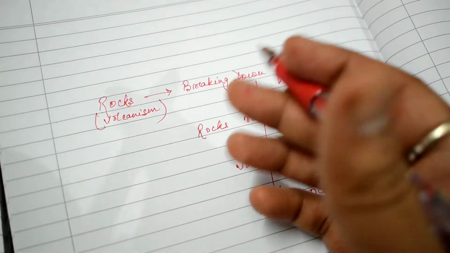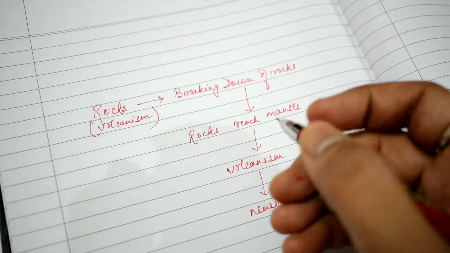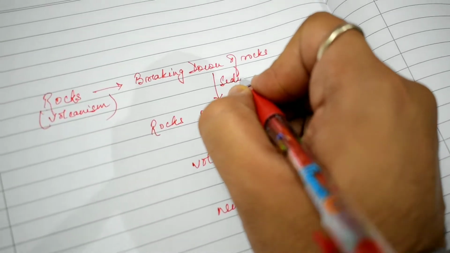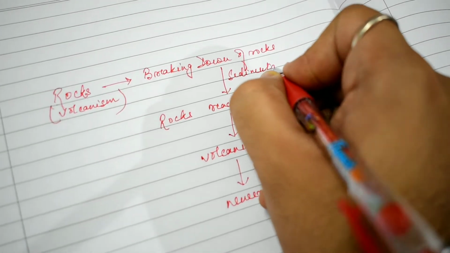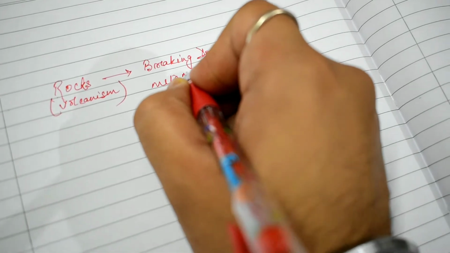Then there is breaking down of rocks, and rocks get changed into different other forms. In between you have two other kinds of rocks, the sedimentary rocks and the metamorphic rocks.